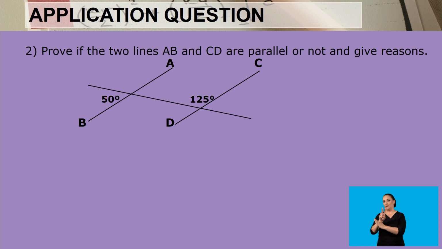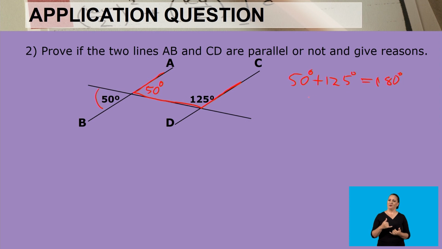However, this angle 50 is vertically opposite to the angle this side, and when that angle is added to 125, they are referred to as co-interior. So 50 degrees plus 125 degrees should give us 180 degrees.